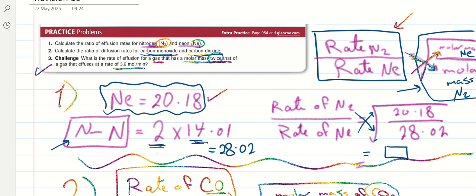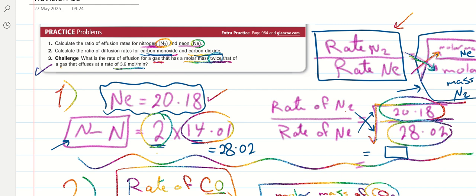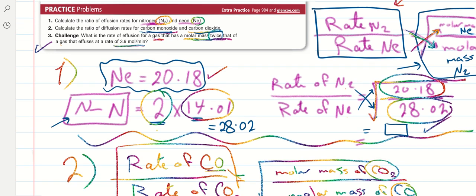Don't forget that nitrogen is N2, which means 2 should be multiplied by the atomic mass. And then the rate of nitrogen divided by the rate of neon equals the square root of the molar mass of neon divided by nitrogen. Don't forget to switch or make this cross, okay? And then by calculator you can easily get the answer.